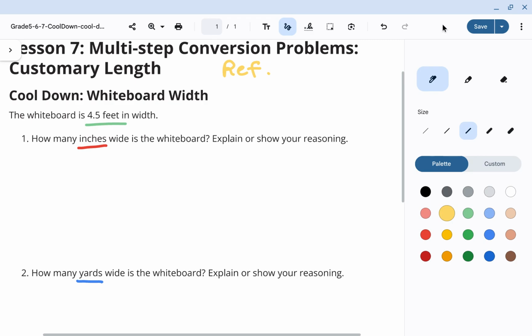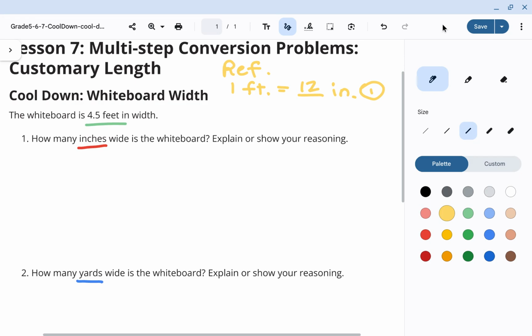So the first thing I need to know is, if I have 1 foot, how many inches is that? We will use this relationship for number 1. Well, we know that there are 12 inches in a foot. We're going to use that reference relationship for number 1.